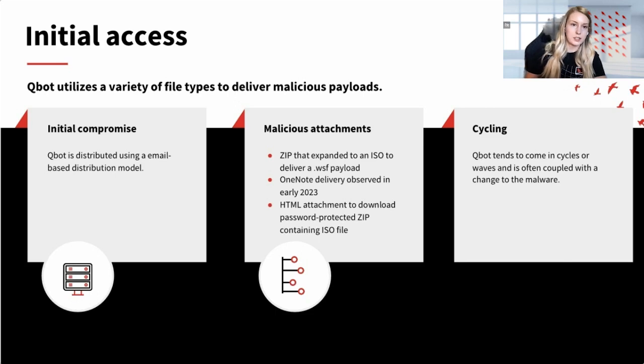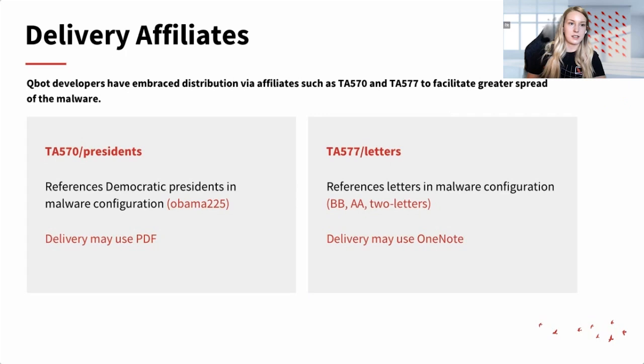Qbot is also interesting in the fact that they really tried to embrace distribution via affiliates to get a greater spread of the malware, because it's a very opportunistic threat. It doesn't try to target one specific industry. It's just anybody and everybody that it can. So it has these two affiliates known as TA570 and TA577.